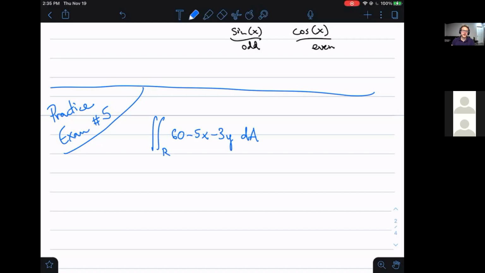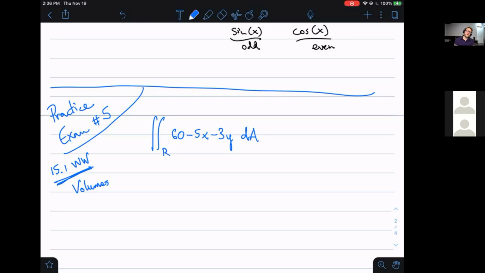This is one that actually had something very similar in your web work for 15.1. You can do this in terms of volumes, and in fact, one of the things on our formula sheet is volumes for a pyramid. This thing will end up being a pyramid, and we could calculate it out because we know how to calculate volumes of pyramids.